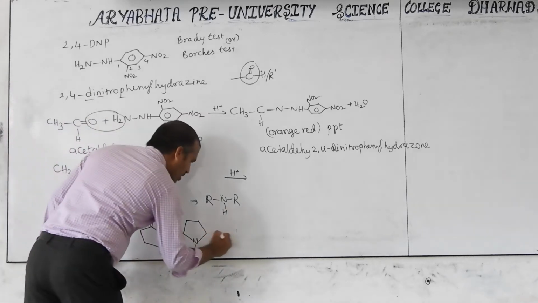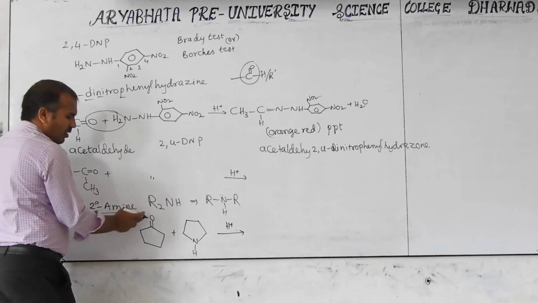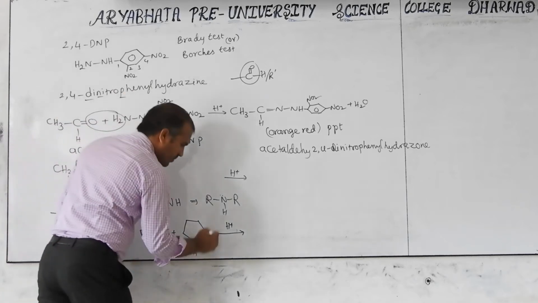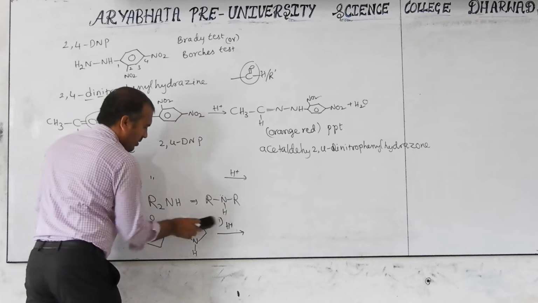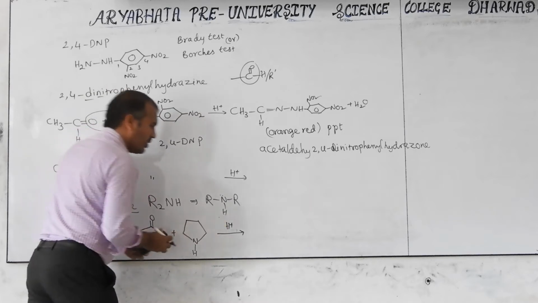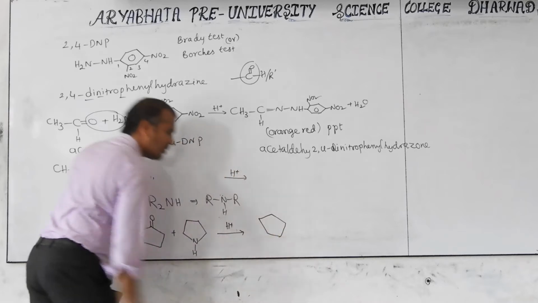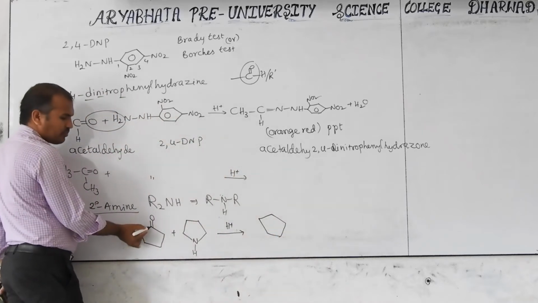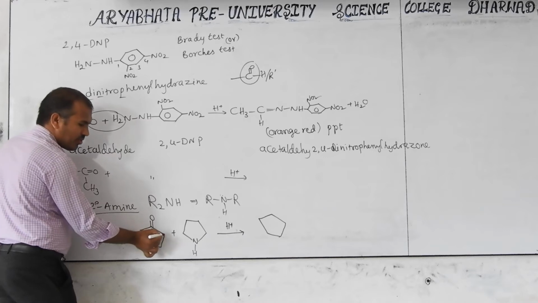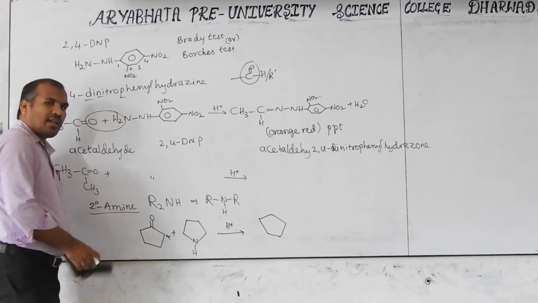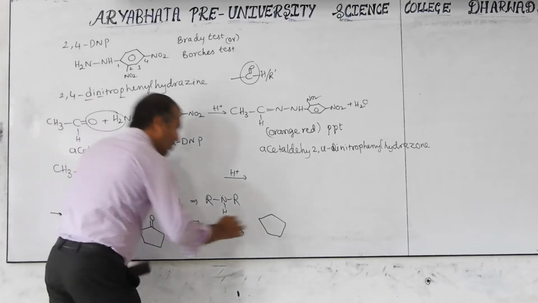This also undergoes reaction in presence of acidic medium. A water molecule is lost in the first step. This is the functional group. Here this is the alpha hydrogen. The next carbon is known as alpha carbon, and alpha carbon hydrogens are known as alpha hydrogens. Then it forms like this.